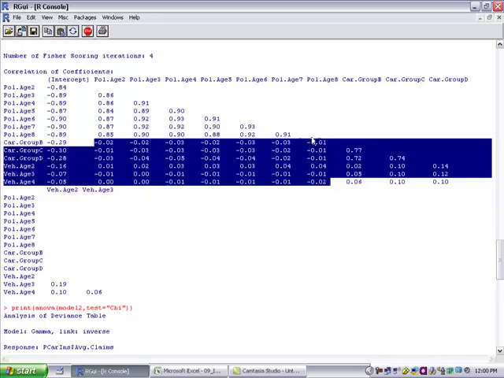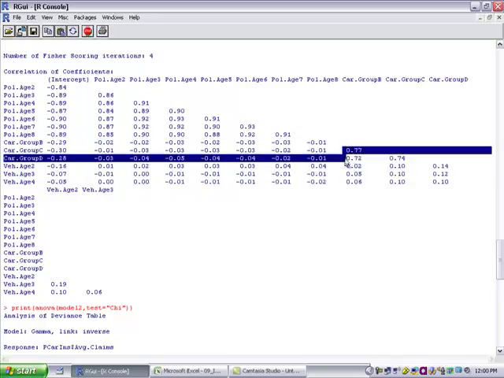These correlations, if they are close to zero, mean that they really explain different things. If you had correlations very close to 1, it would probably mean that some of these factors are redundant.